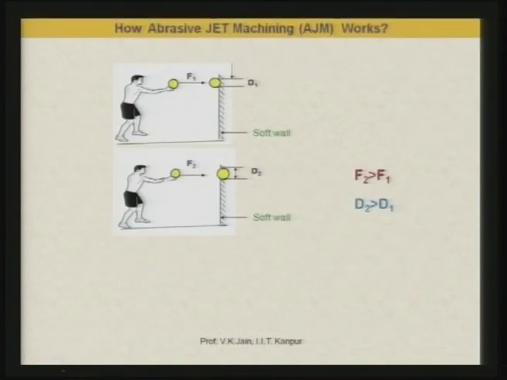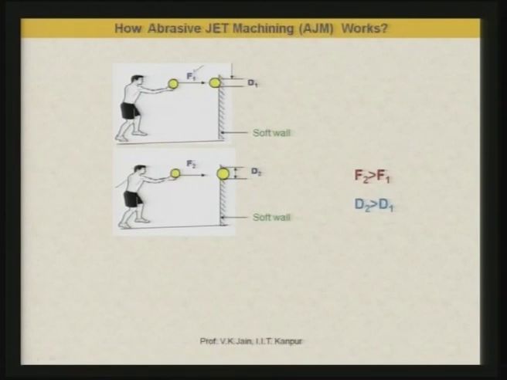Now, let us see this very interesting picture. There are two persons throwing a ball on the wall and see, first one is applying the force F1 and it is penetrating to a certain depth and the diameter is D1. Second person is throwing with a force F2 and it is penetrating to a deeper depth.